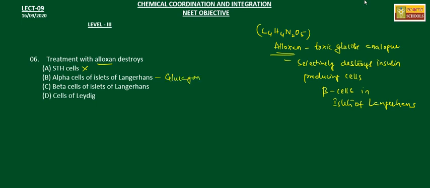So the beta cells will produce the hormone insulin, and the cells of Leydig, they produce hormone testosterone. So it is not going to destroy the alpha cells or the cells of Leydig. So it is beta cells of islets of Langerhans. So the right option is C option.